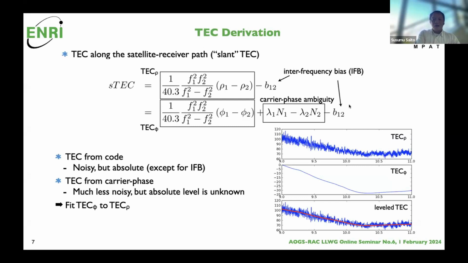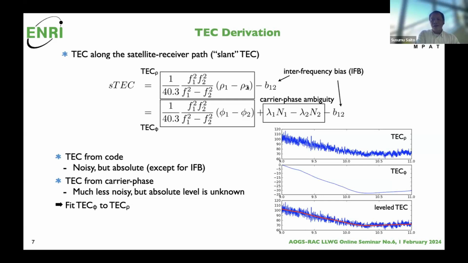Another thing we need to consider is the code measurement. It is free from the initial phase ambiguity, but very noisy. So often we use both, because carrier measurements are very accurate.